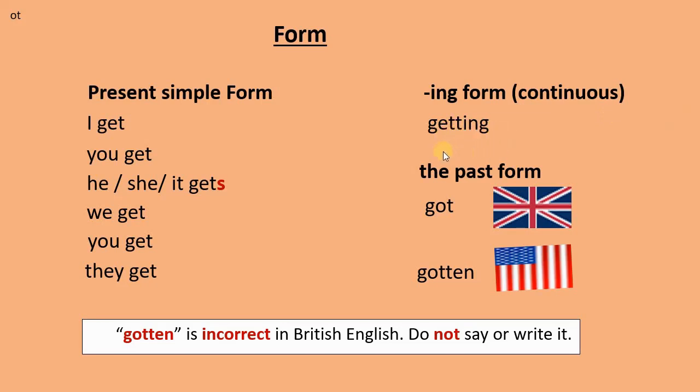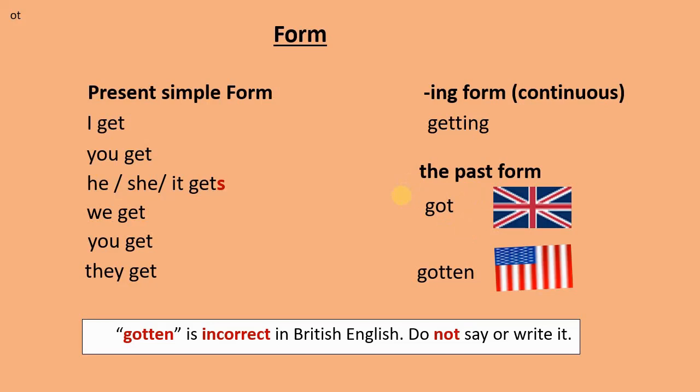So for example, we would say I am getting. The past form is irregular. It is got. So for example, yesterday I got a new pair of shoes.